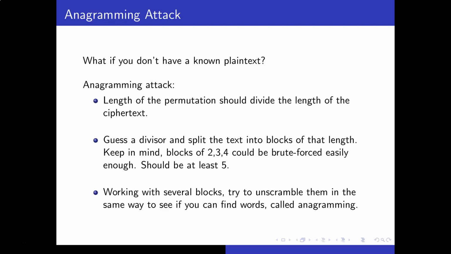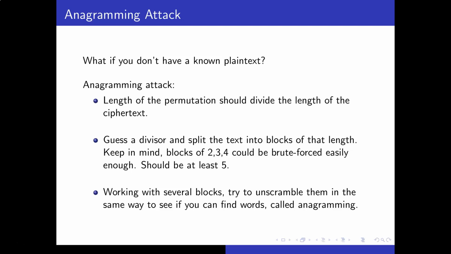Okay, now, how do we do this? Unlike Kasiski, we have less control over length. We look at the length of our ciphertext, and we know that that should be divisible by the length of the permutation.